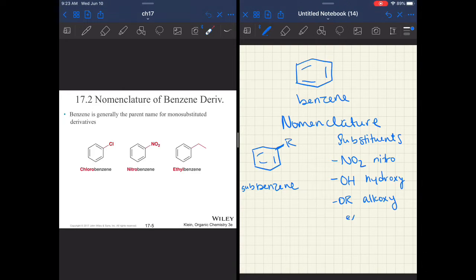So, for example, if it was OCH3, well, that's based on methane, so it would be methoxy. You should know how to name these. Another one that will come up in this chapter, NH2, is an amino group. So if you don't know how to name these substituents, add this to your note cards, your study session, whatever.